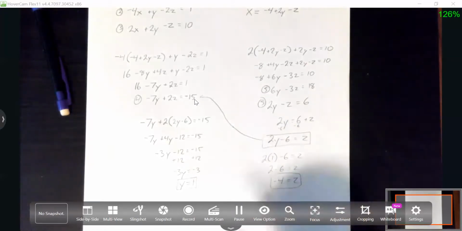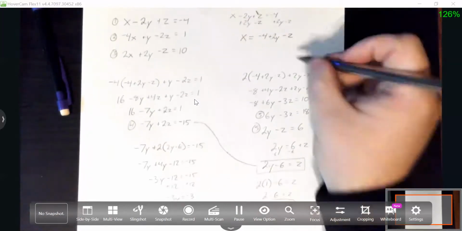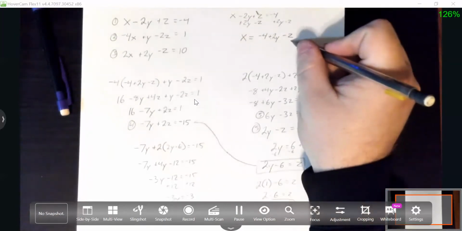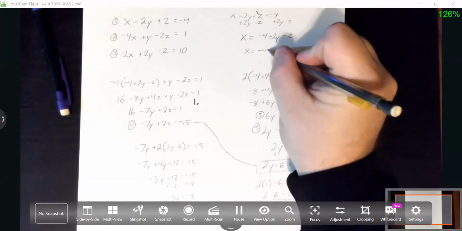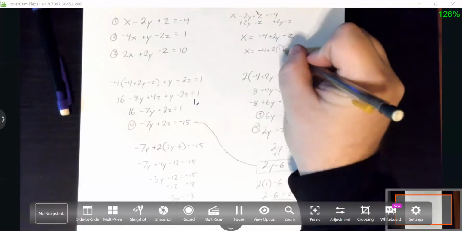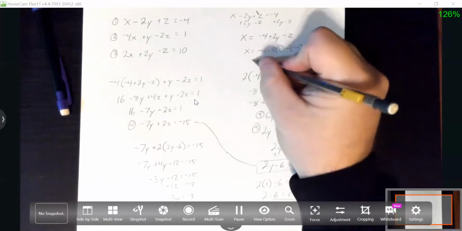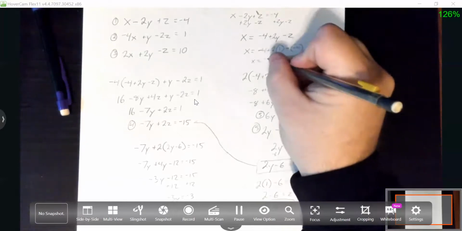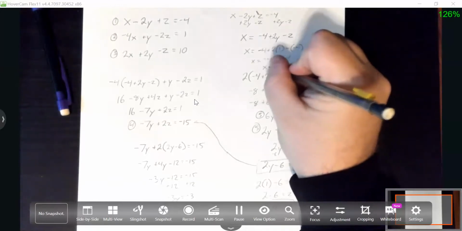Now that we know what y is and we know what z is, we can plug it all the way back in where we first solved for x. So x is equal to -4 plus 2 times our y, which was 1, minus z, which was -4. Gives me x equals -4 plus 2 plus 4, and we get x equals 2.